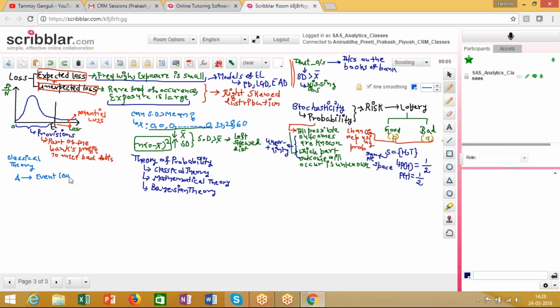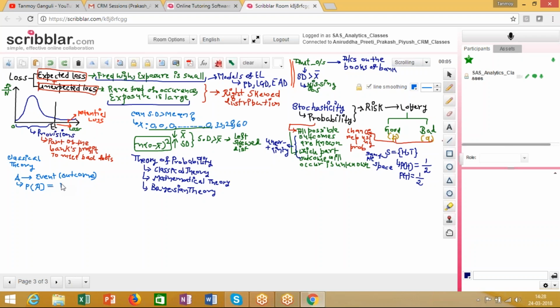Now, the probability that the event A will occur is given by a very simple formula.